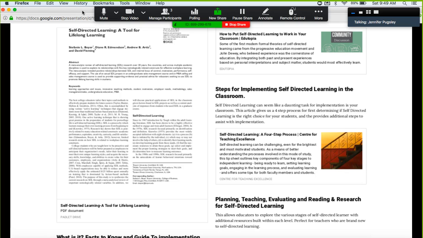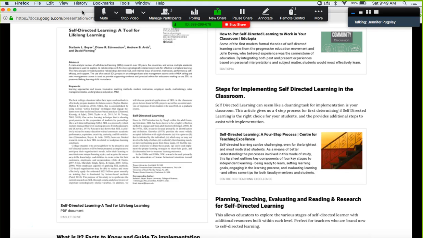We believe that any teacher can add self-directed learning into their toolbox, and using these resources on the Padlet format helps them to easily access and find what resources they can pull very quickly to start utilizing. We have provided steps for implementing self-directed learning in the classroom, as well as how to explore the various stages for this particular learning model.